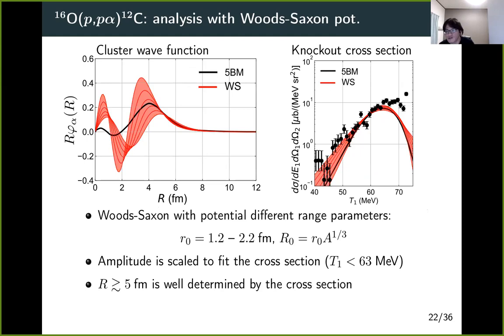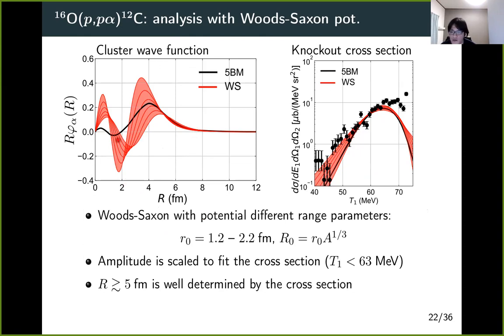Now I'd like to play a game with the Woods-Saxon potential: cluster wave functions made by a simple Woods-Saxon potential, solving the binding problem. There is the 5-body model line, and I generated this red band using various range parameters for the Woods-Saxon potentials.